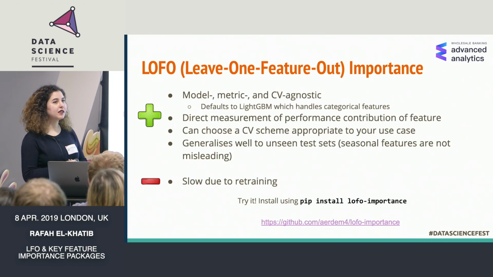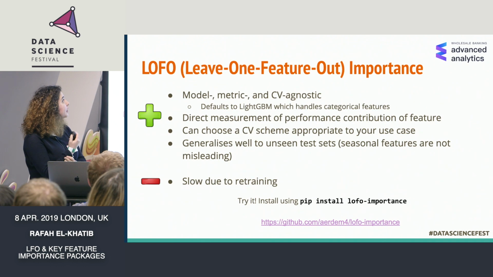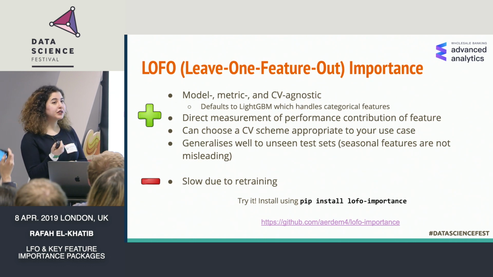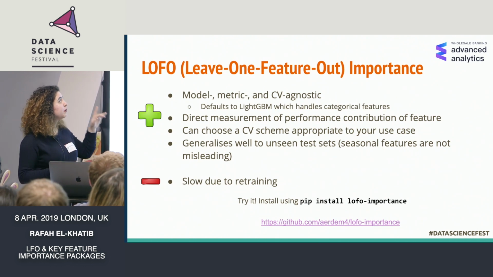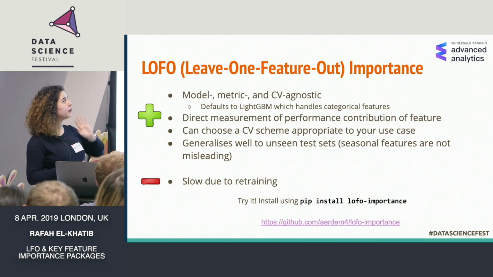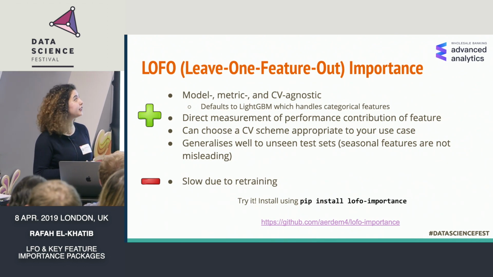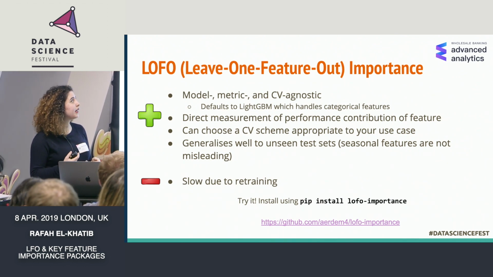Okay, so this has some pluses and minuses as well. On the bright side, it's model, metric, and validation scheme agnostic. If you don't give it a model at all, it defaults to LightGBM, which is a really cool tree model that handles categorical features. It's good because it's pragmatic.